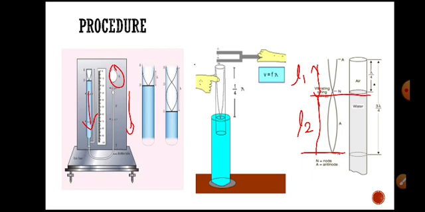Now, keeping the same excited tuning fork above the open end of the tube, the reservoir is further lowered. The procedure is the same until the large booming sound is heard again the second time. The length of the second air column is noted.